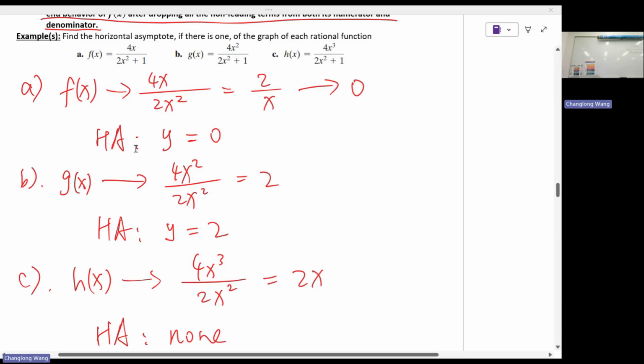Forget about the 1 and -2. It's basically x over x, right? So the HA is y equal to 1, right? Does it make sense if I plot y equal to 1? Right there. Now, if you thought, oh, should it cross the HA? No, it never will touch the HA, not even locally.